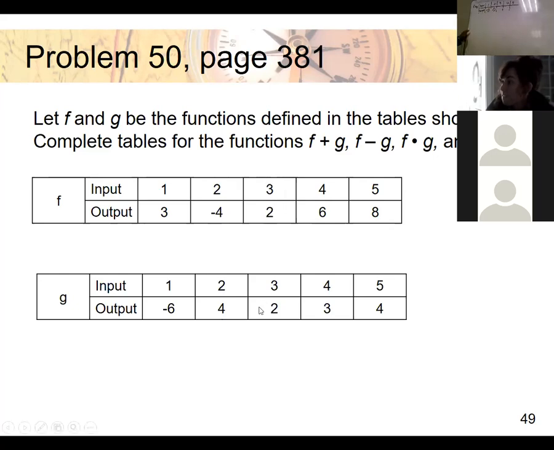And then for 3, we'll look at the outputs for 3. That'd be 4 from the 2 plus 2. And then for 4, the outputs of 4 are 6 and 3, which is 9. And then the outputs for 5, 8 and 4, 12. So that's our table for f plus g.